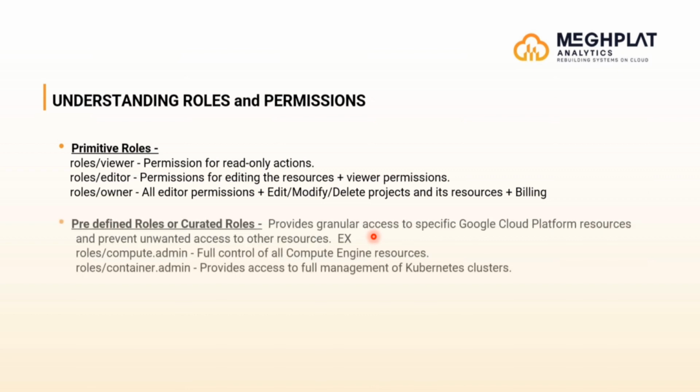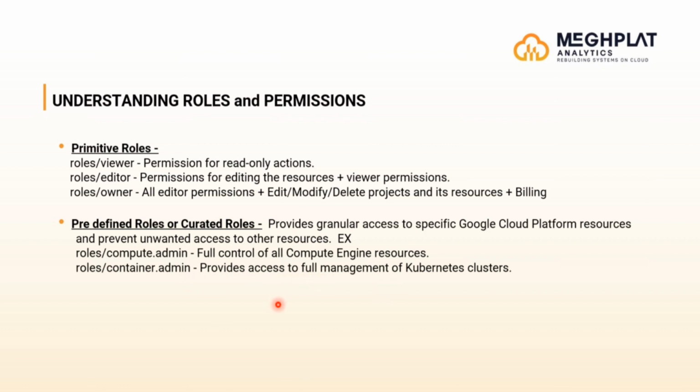The next one is predefined roles or curated roles. They provide granular access to specific cloud platform resources and prevent unwanted access to other resources. Example, compute admin, full control of all compute engine resources, and container admin provides access to full management of Kubernetes clusters.